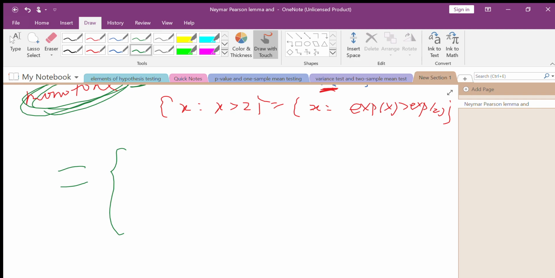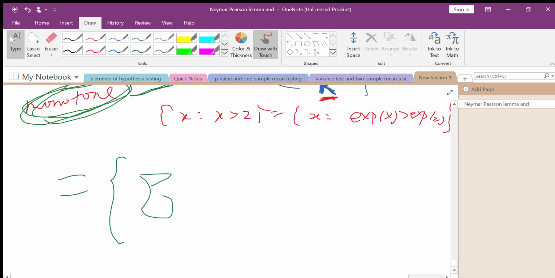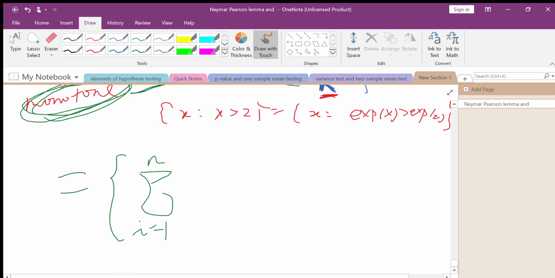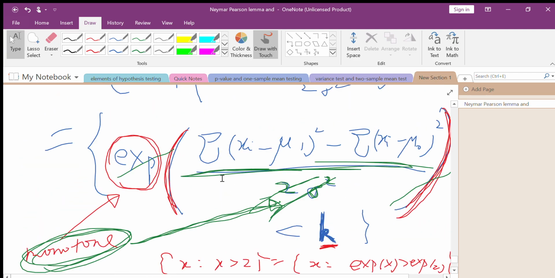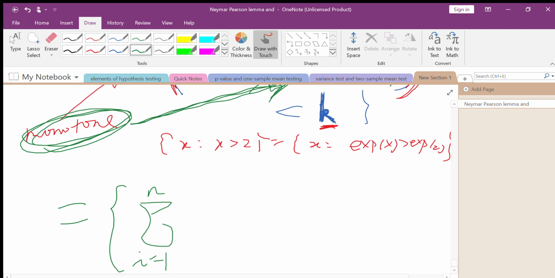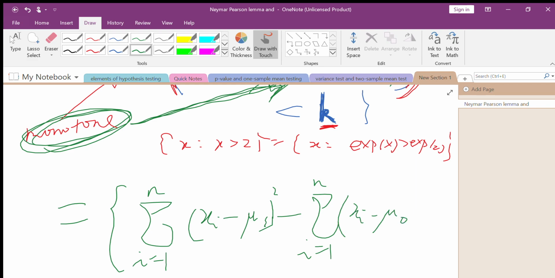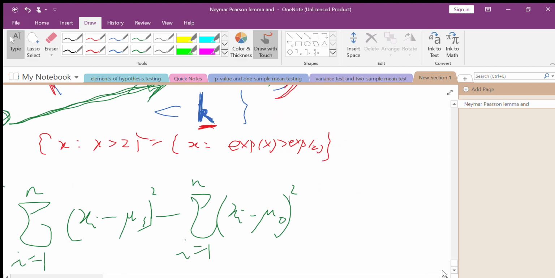Since sigma squared is a known constant, the set is simplified as the following: summation i from 1 to n of xi minus mu1 squared minus summation i from 1 to n of xi minus mu0 squared, and this whole thing less than k.